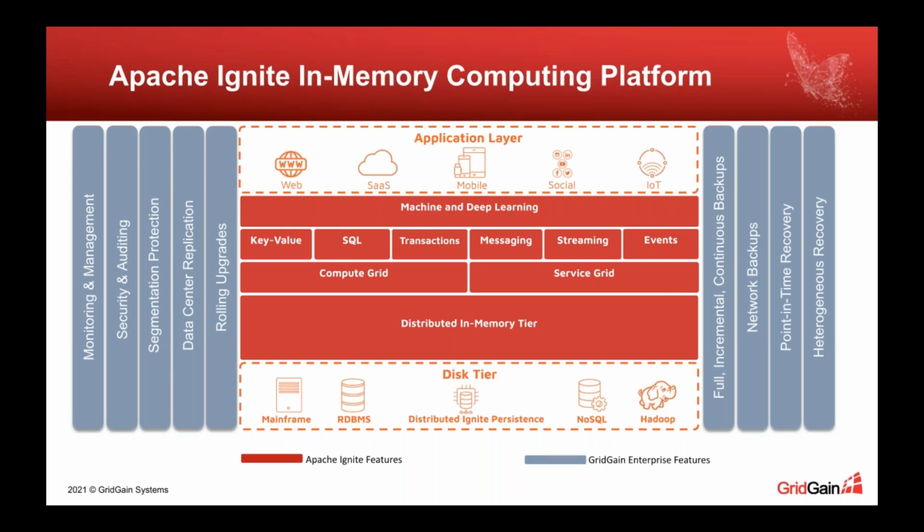Snapshots and recovery, which is essentially like a database backup. So if you're using GridGain as a system of record, you can create those backups periodically and then recover if needed. Advanced security, rolling upgrades. So basically any features that are typically required by production mission critical deployments.